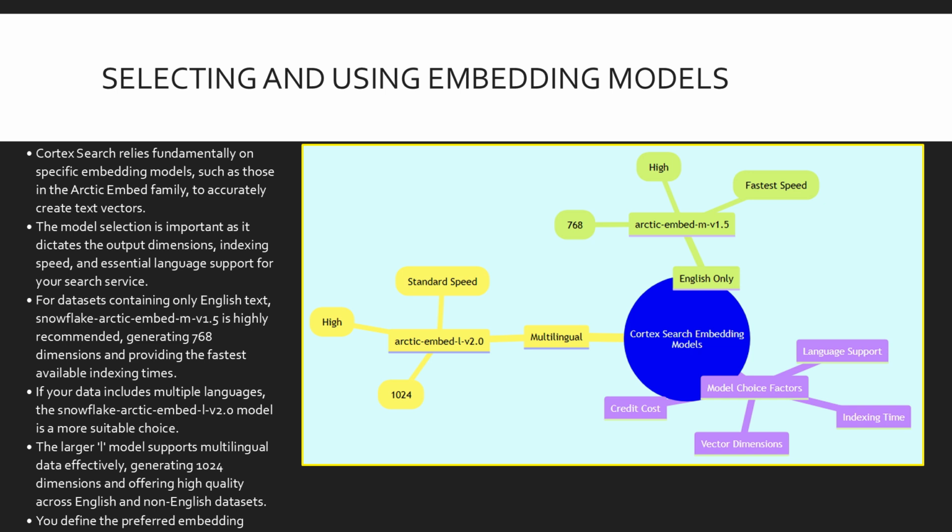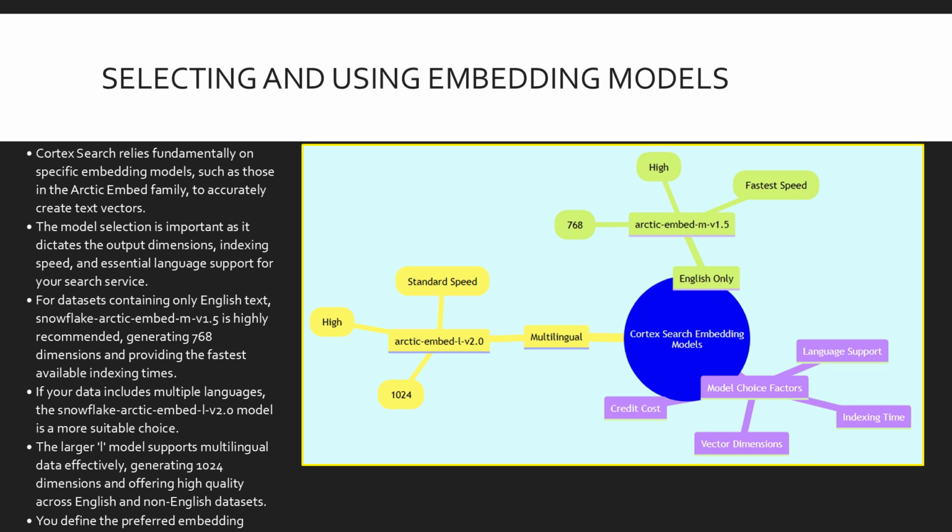Conversely, in scenarios where your source data encompasses a broad spectrum of multiple international languages, the significantly more versatile Snowflake Arctic Embed LV2.0 model presents itself as the strategically optimal choice for ensuring accurate semantic representation across all language types. This larger, more capable L model is specifically built to robustly support expansive multilingual datasets with exceptional efficacy, generating a higher count of 1024 dimensions and consistently delivering high-quality performance across both English-centric data and all non-English textual datasets it encounters.